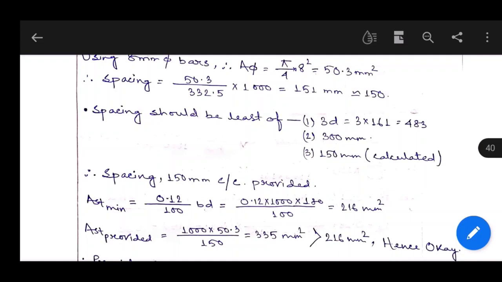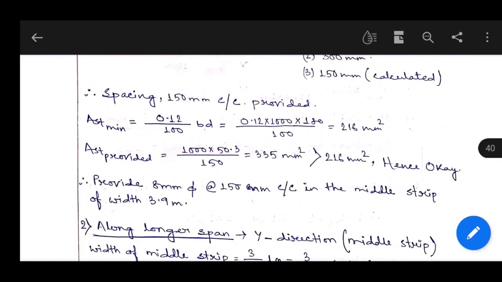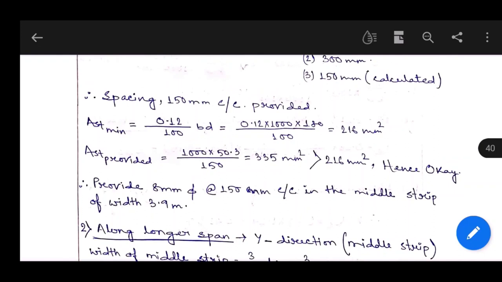Hence, okay. So provide 8 mm dia bar at the rate of 150 mm center to center in the middle strip of the width 3.9 meter, right?